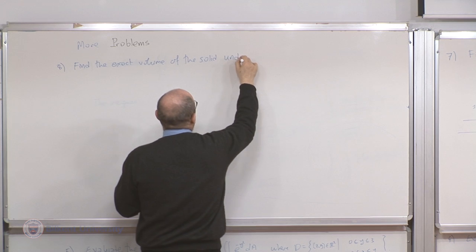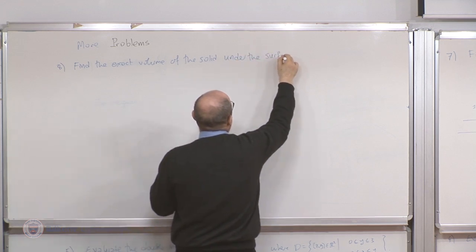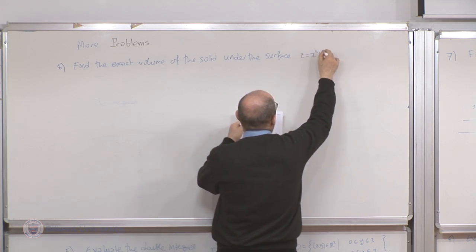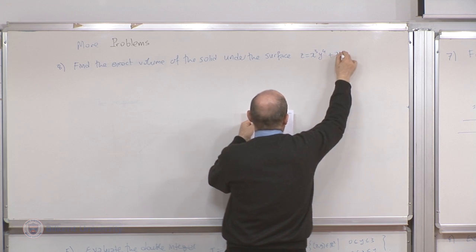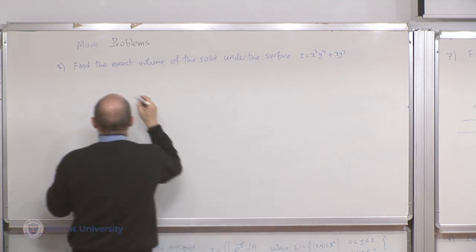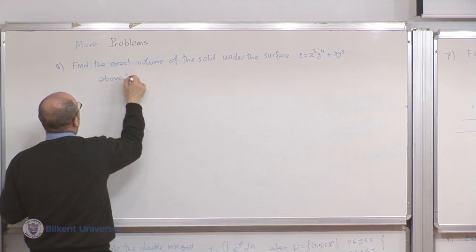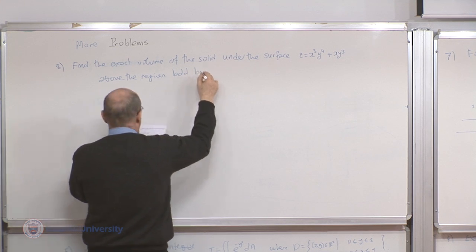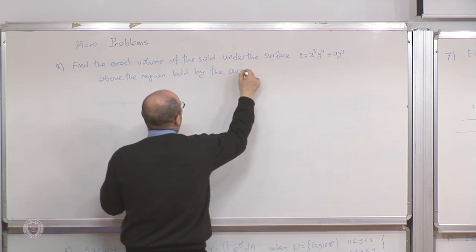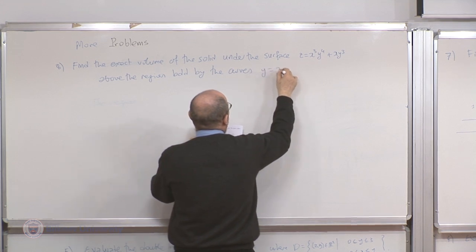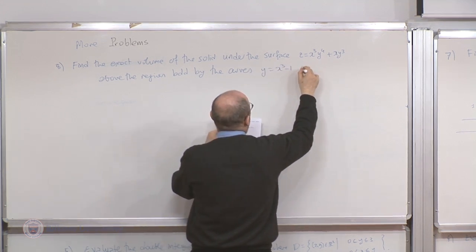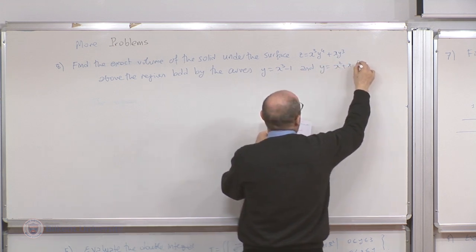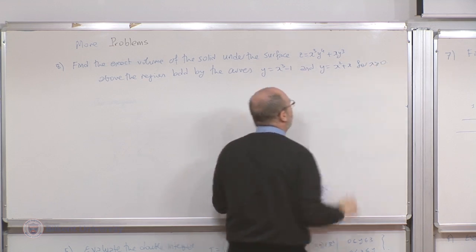Under the surface z equals x cubed y to the fourth plus x y cubed, above the region bounded by the curves y equals x cubed minus x and y equals x squared plus x, for non-negative x.